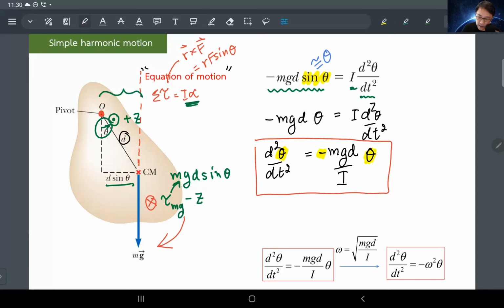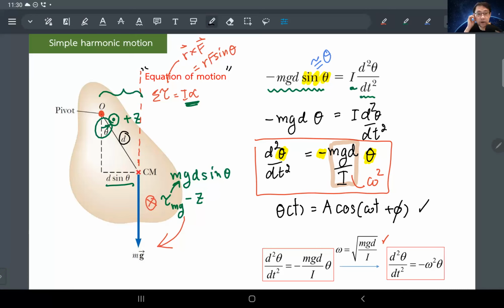Whatever is in the front, you're going to name this omega square. It's right here. And you don't even have to do anything. I can write down the final solution: the angle as a function of time is going to be some amplitude, sine or cosine, your pick, of omega t plus phi. And I'm done.